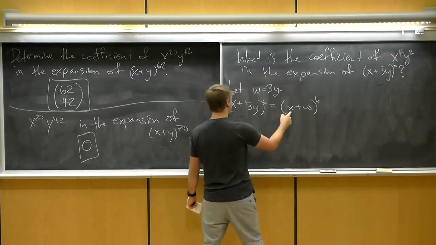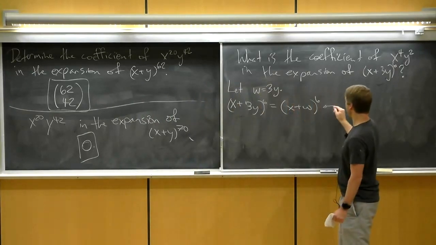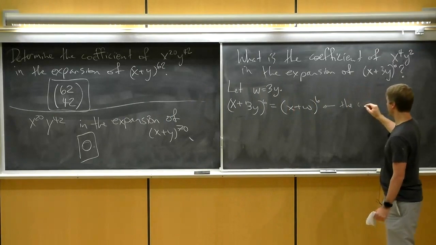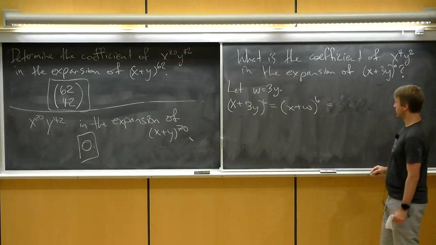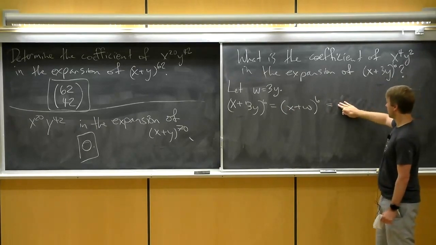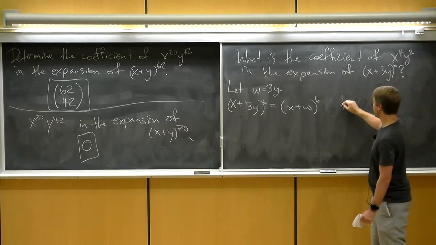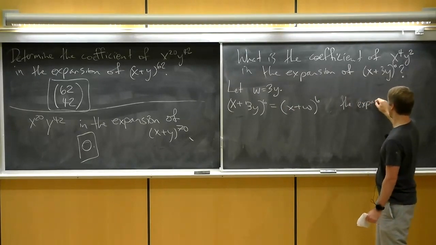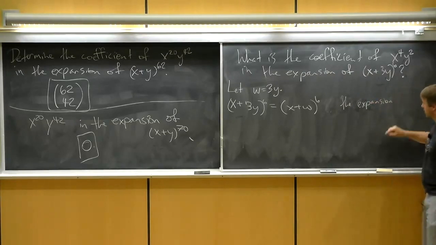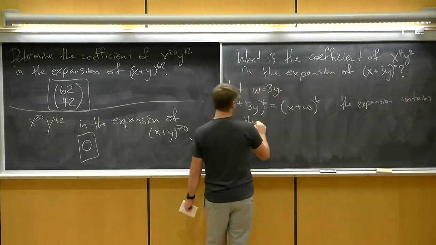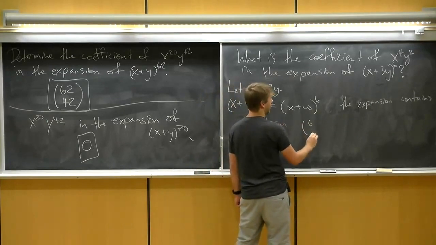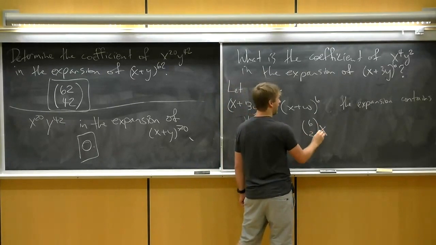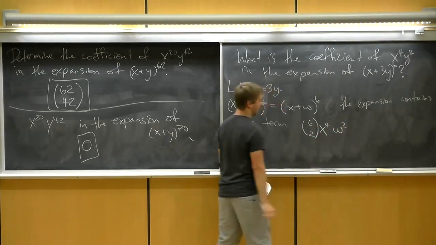So the expansion of this contains a term that looks like 6 choose 2 x to the 4 w squared.